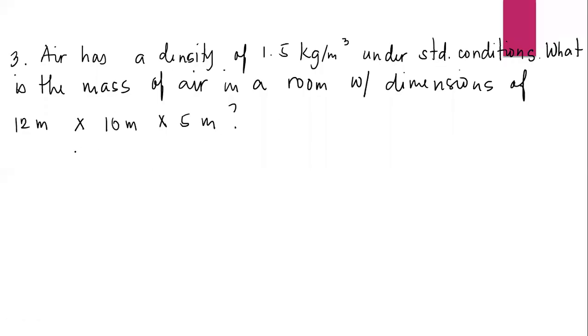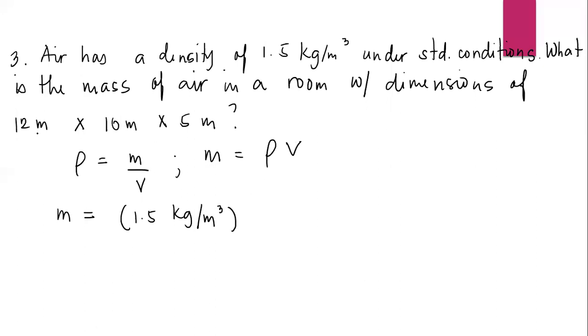Okay, now, we have the formula for the mass density, which is equal to mass over the volume. Since the requirement is to find for the mass, we're going to use mass is equal to mass density multiplied by the volume. We have the mass is equal to the mass density, which is 1.5 kilogram per cubic meter, times the volume, given 12 meter by 10 meter by 5 meters.